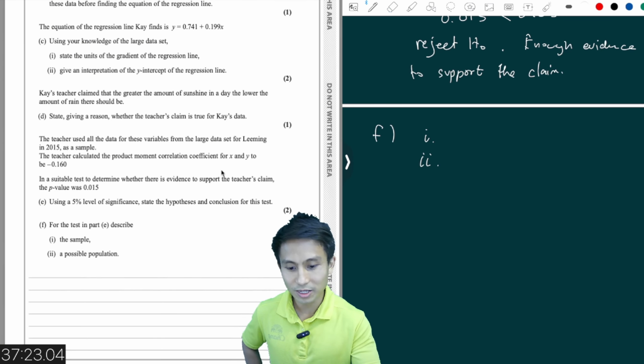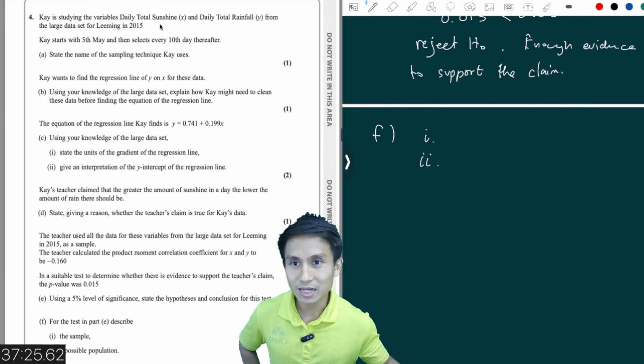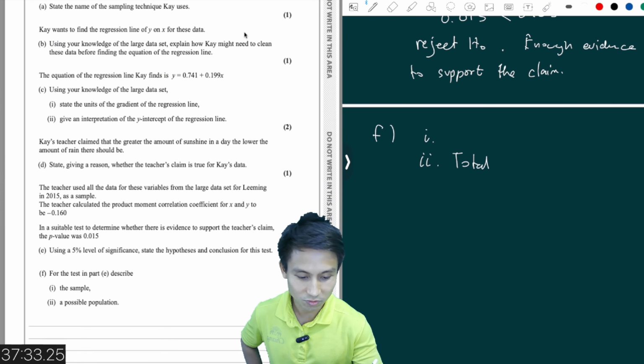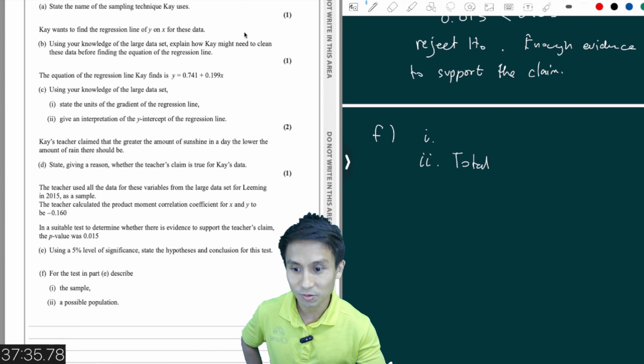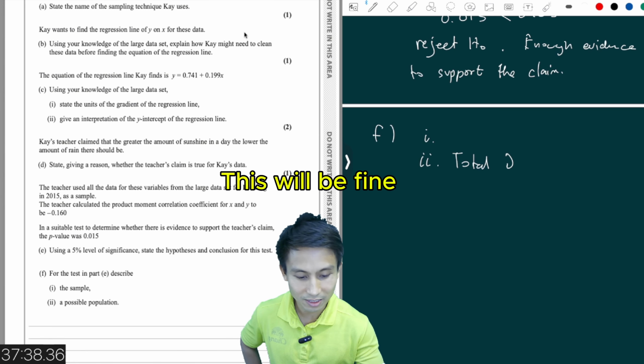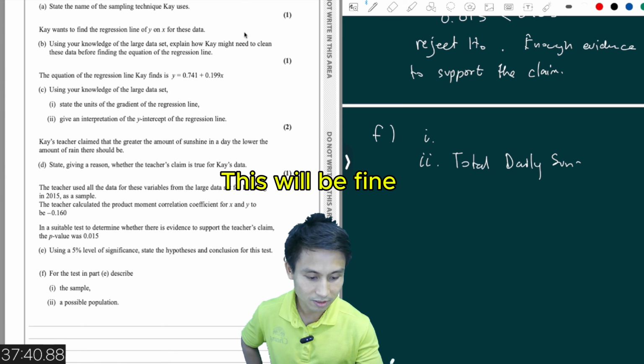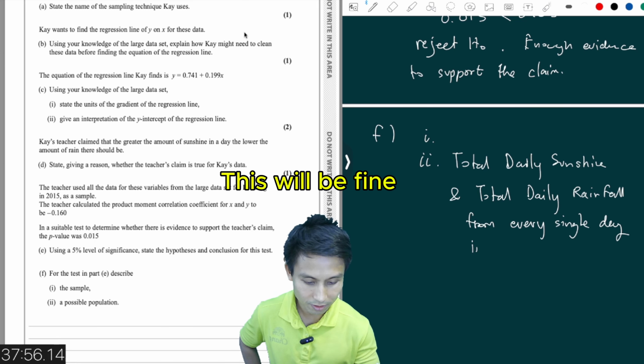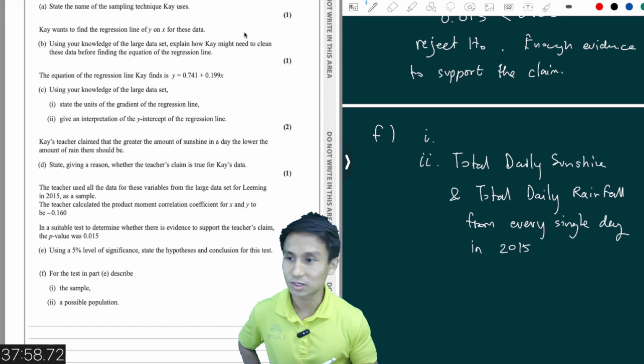So it would have been the total daily sunshine and total daily rainfall from every single day in 2015, not 2025, sorry.